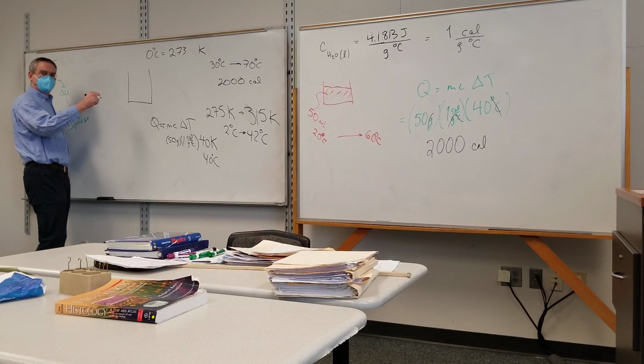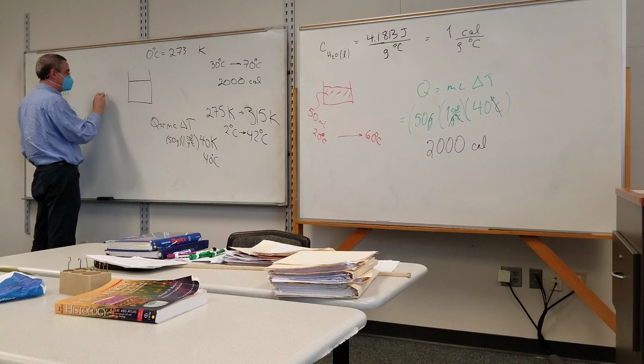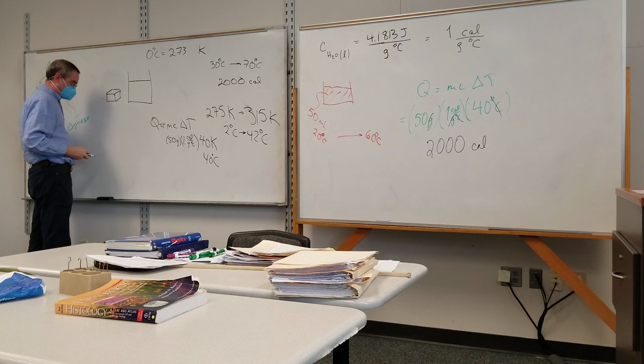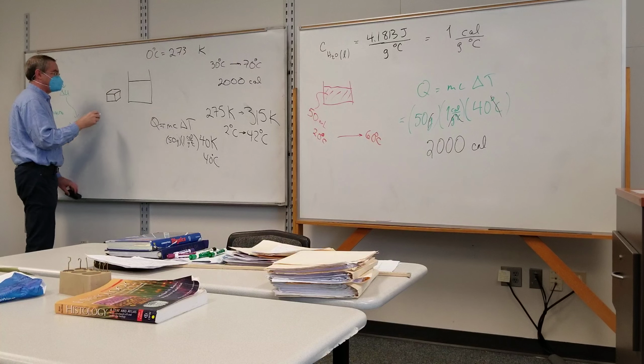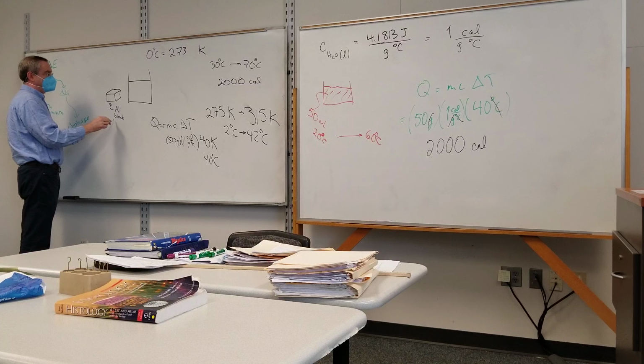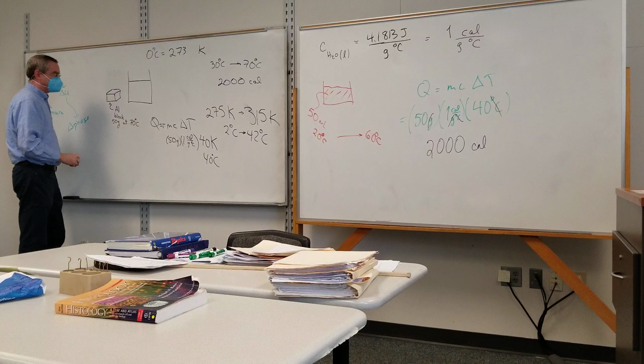All right. Make it more complicated. Aluminum block. Let's give it a 50-gram block at 70 degrees Celsius.